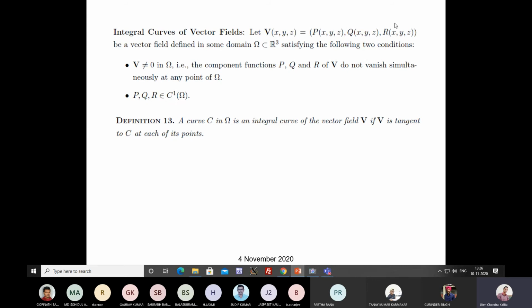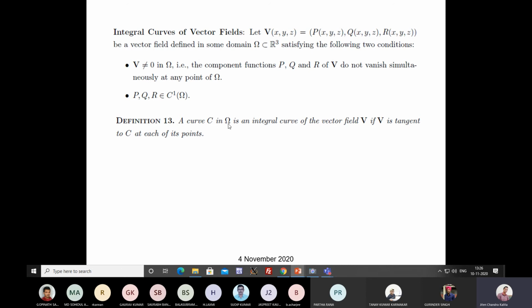If one of them is non-zero, that is good enough for us. The second is that the first order partial derivatives of P, Q, R with respect to x, y, z must be continuous in omega.